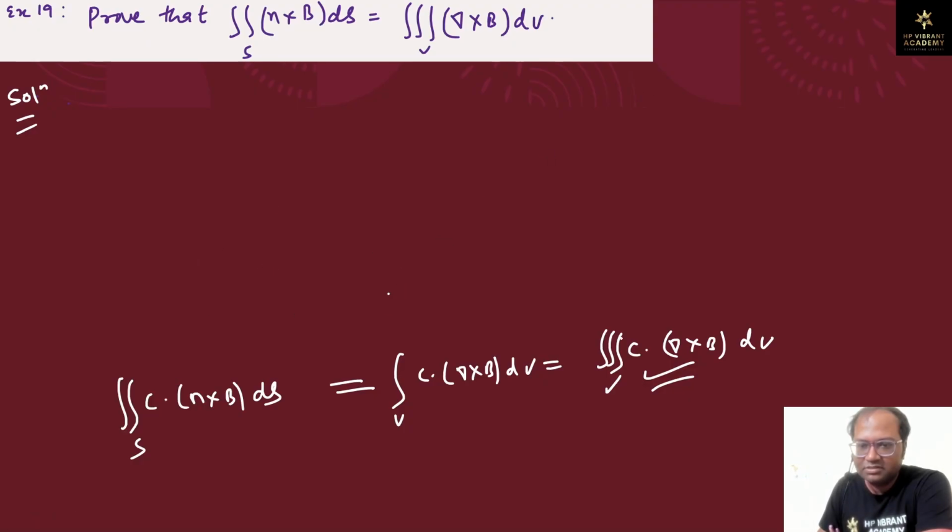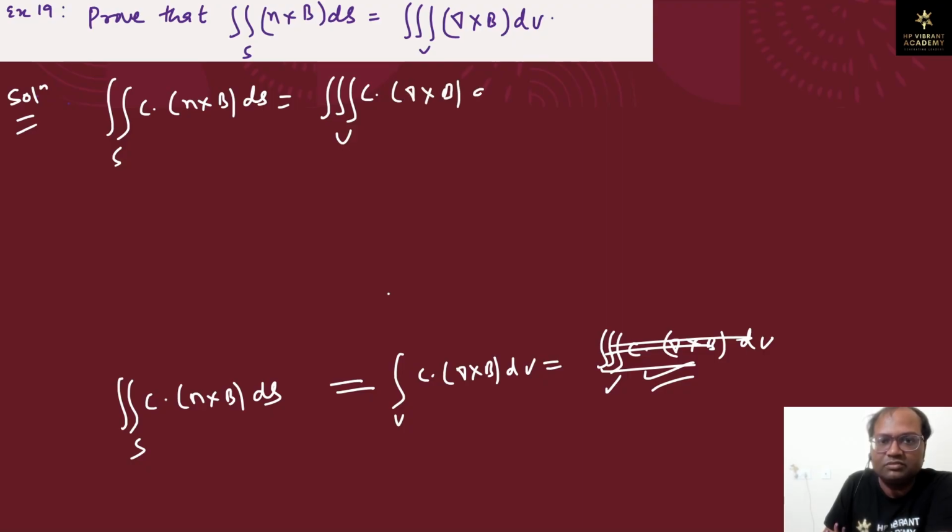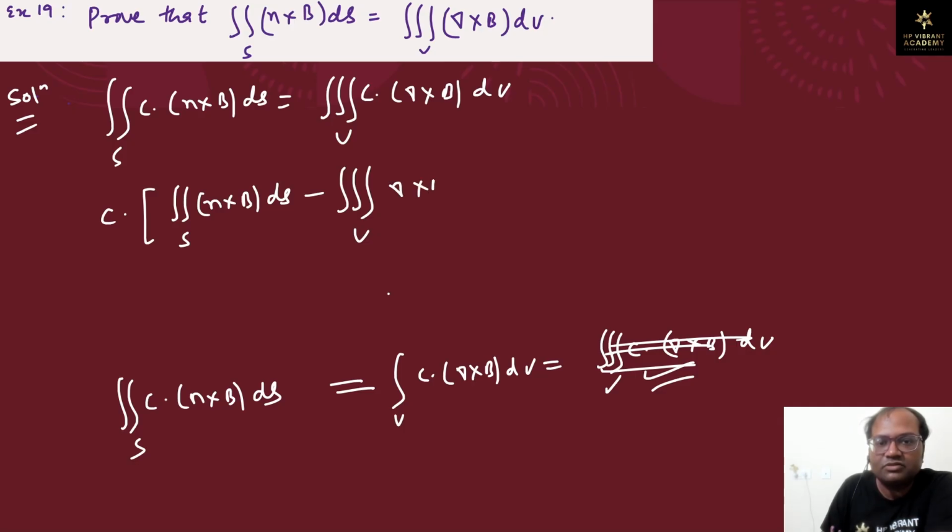So we have the surface integral c dot n cross b dS is equal to the volume integral c dot del cross b dV. So this we can write as c dot, surface integral n cross b dS minus volume integral del cross b dV, is equal to 0.